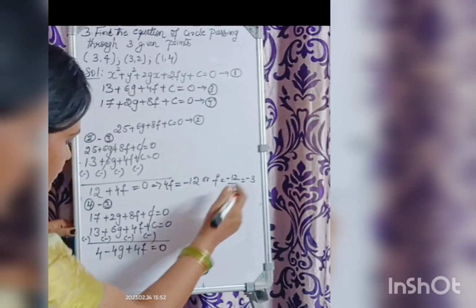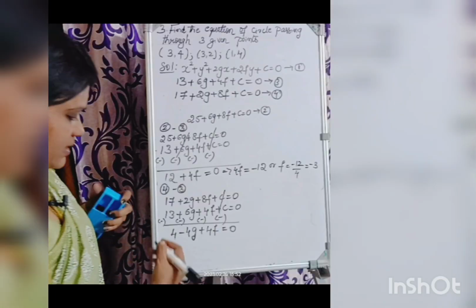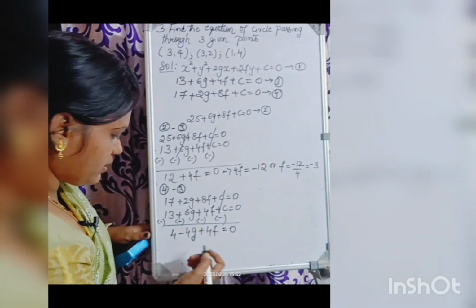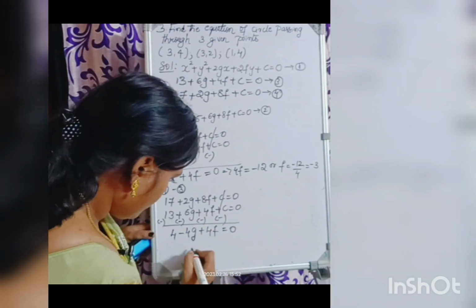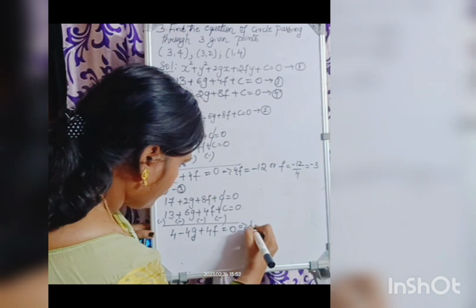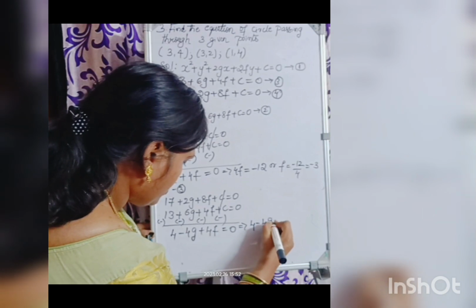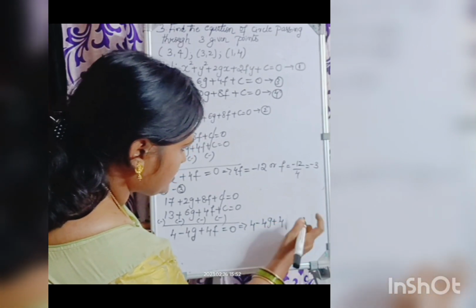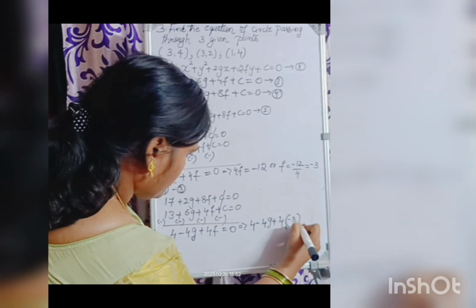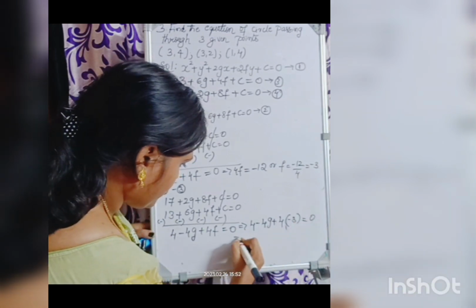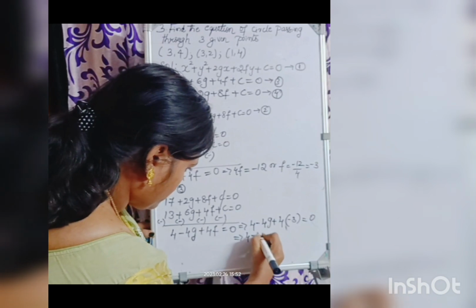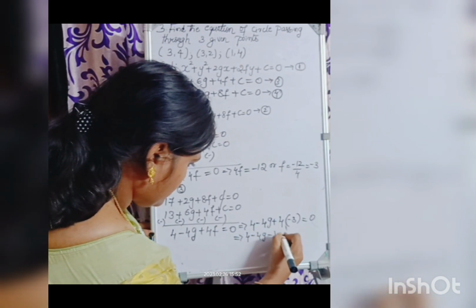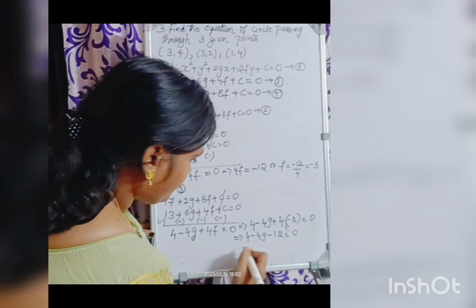We know the value of f, right? So just substitute the value of f in here. Which gives 4 minus 4g plus 4f, with f as minus 3, is equal to 0, which implies 4 minus 4g minus 12 is equal to 0.